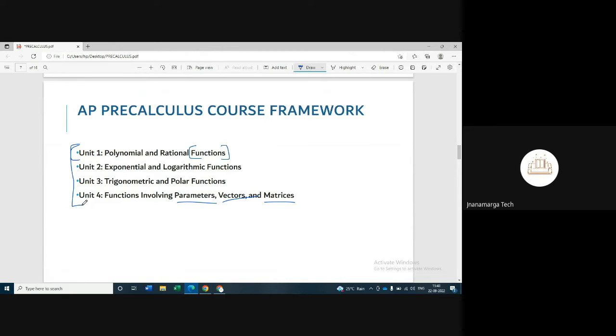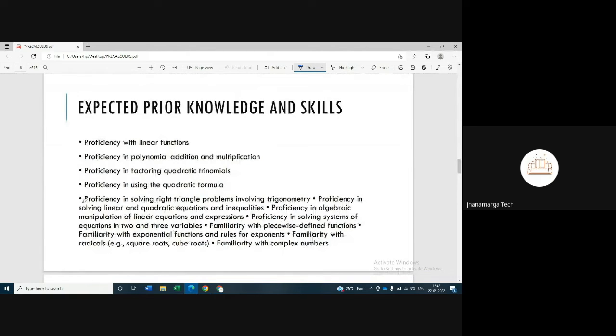Now let us dive deep in and see what prior knowledge will be required in order to follow this AP Pre-Calculus course that we have. So we need to know what linear functions are. I already explained what functions are. We also need to know what linear functions are.